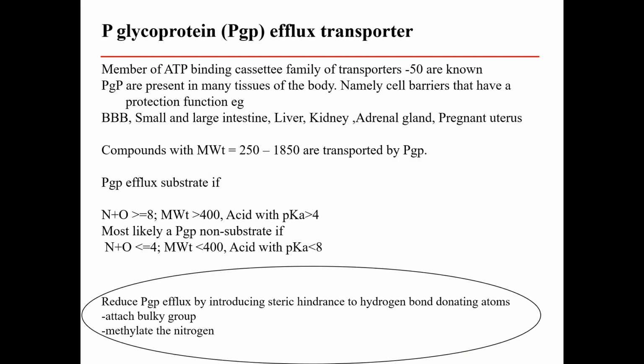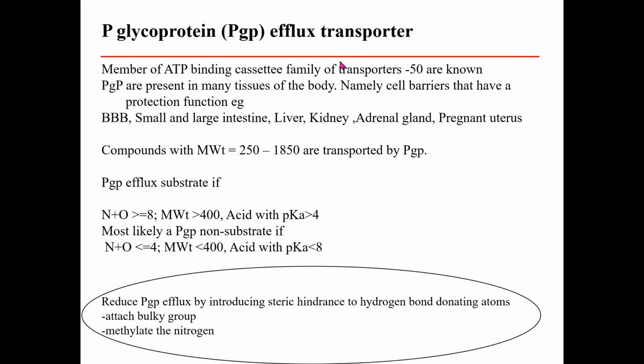Then came P glycoprotein. I said P glycoprotein or efflux transporters are present in the body. They throw out any xenobiotics, toxic chemicals, foreign molecules out into the kidney for biotransformation. They are called P glycoprotein efflux transporters.